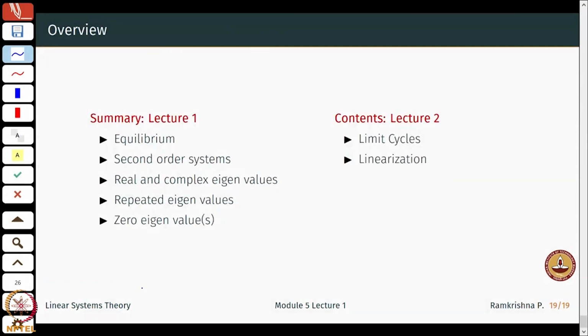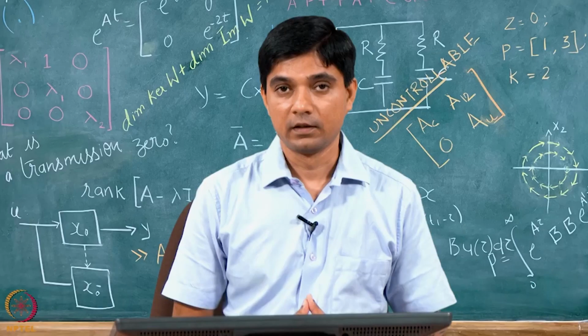Okay. So, just to conclude, we have defined the notion of an equilibrium point. We did a lot of qualitative analysis for several equilibrium points of second order systems. We had real eigenvalues, complex eigenvalues, repeated eigenvalues. What if one or both of the eigenvalues go to 0?